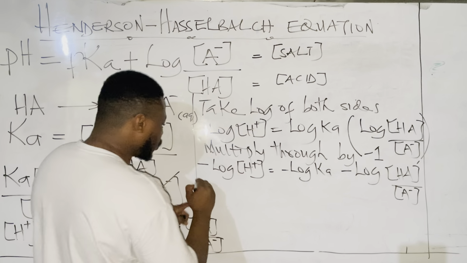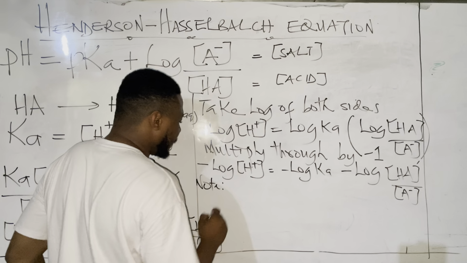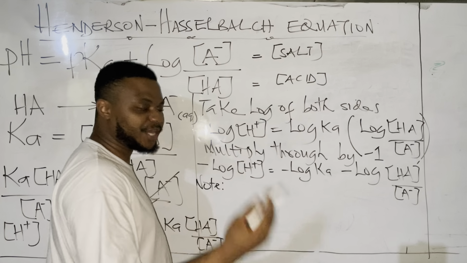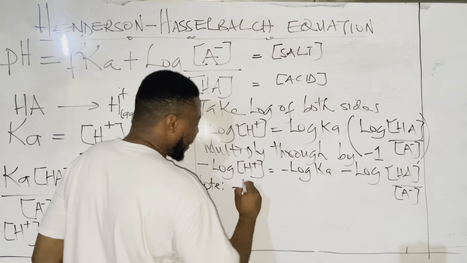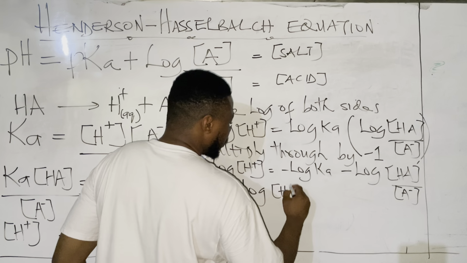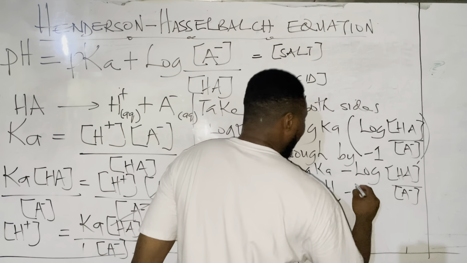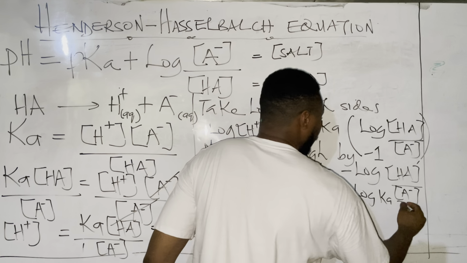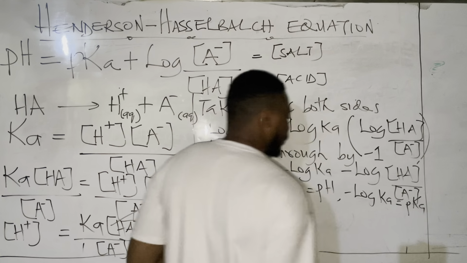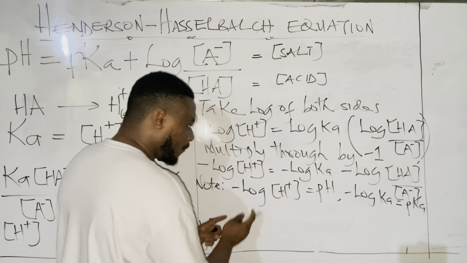Okay? So now I want you to note, if you could remember, from elementary knowledge of acids and bases, minus log H plus is known as pH. Minus log Ka is known as pKa. Don't forget this.